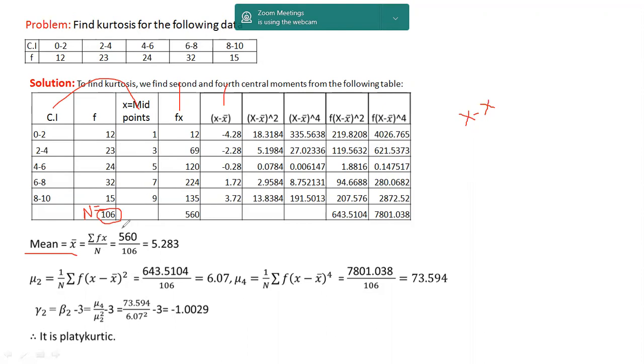That gives a total of 560 by 106, which is 5.283. So this is your x bar.